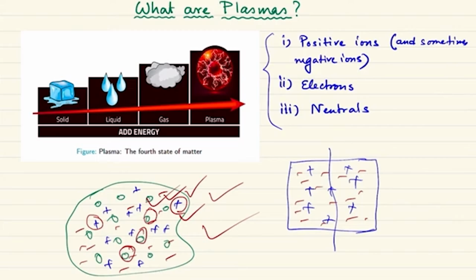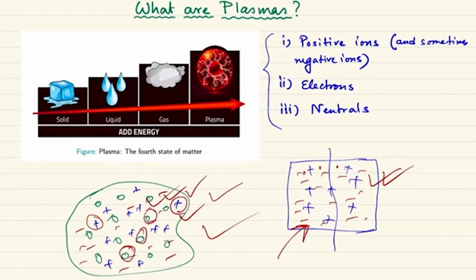Now try to understand that you have heated the system and it gets ionized. So the system now has a lot of energy. When the system was just a neutral gas, with respect to that state, the system now has much more energy.